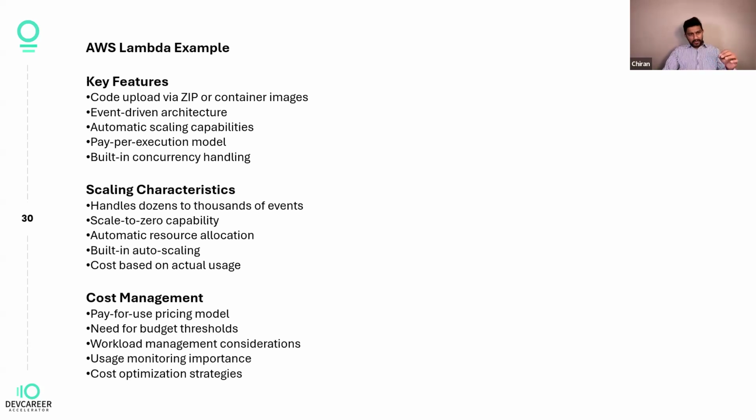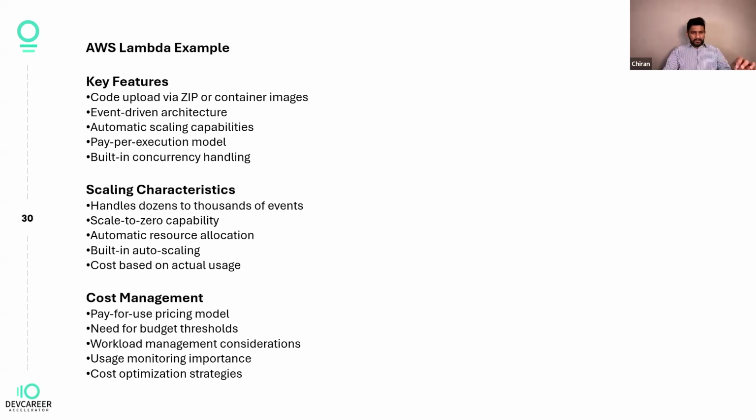So that's something to keep in mind. And then there are concepts like pay per execution. Again, these are managed services. They decide how to charge you for your serverless deployments. And they have scaling characteristics. You can scale from 0 to 10,000 or even 100,000.